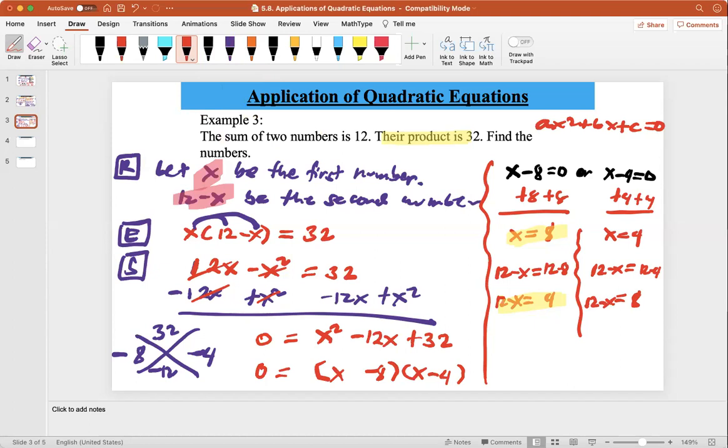So no matter which x you use, you will get the same set of numbers. So what can we say about our answer now? The numbers are 4 and 8. We are done for this example.